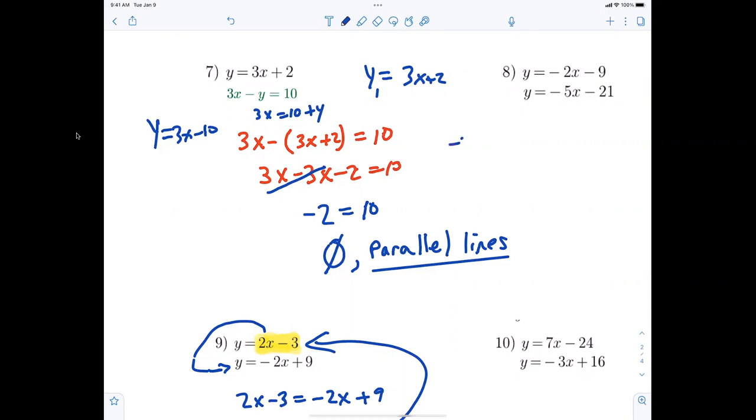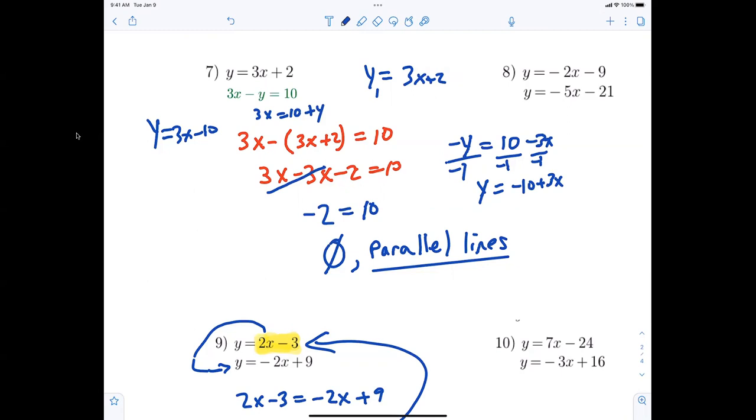So here's what we have. Negative y equals 10 minus 3x, right? You're dividing by negative 1. But I thought that when you divided by a negative, you had to change the sign. I did change all the signs. So if it automatically changes the sign, you don't have to change it? It automatically changes the signs.